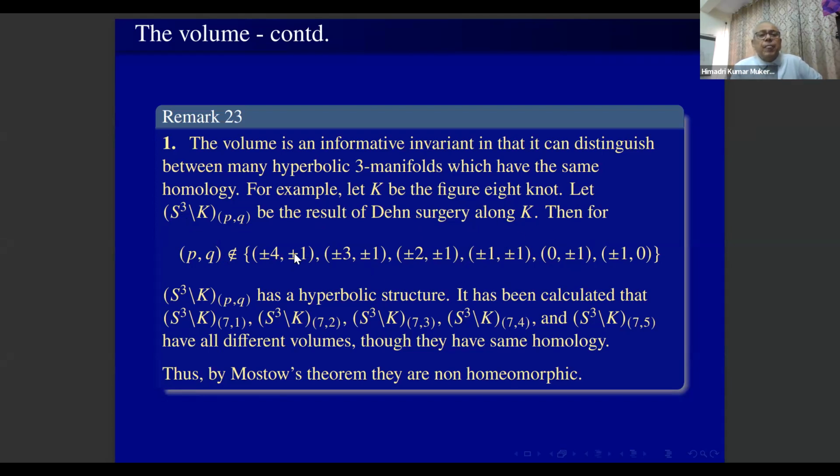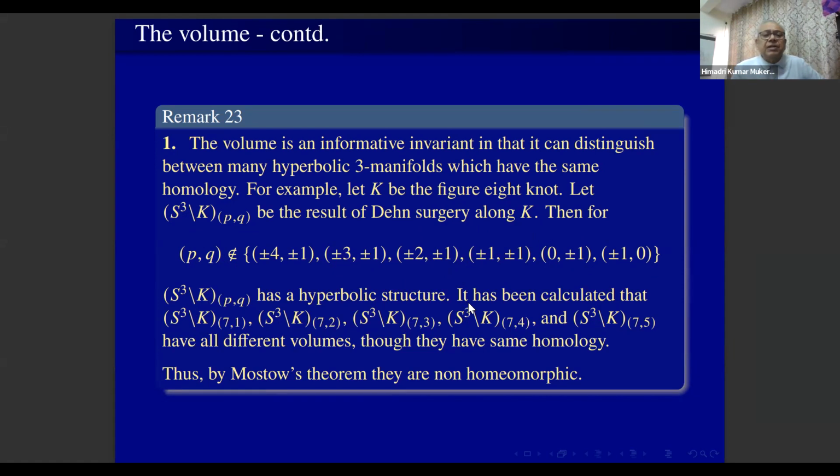Then for (p,q) not of this form, you exclude all these cases. Then for other cases, this has a hyperbolic structure. There are finitely many cases you have to exclude, and in the remaining cases it will be hyperbolic.